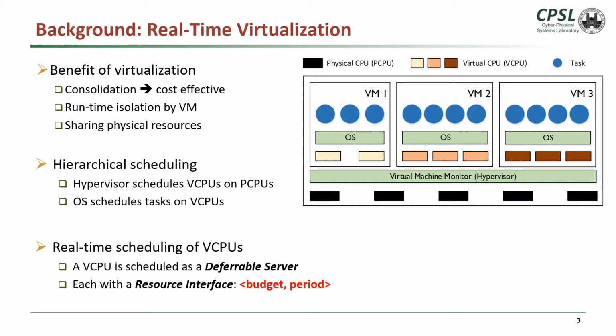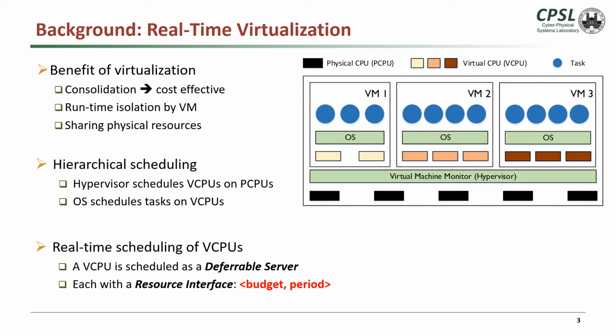It employs a so-called hierarchical scheduling approach, where each virtual machine has certain vCPUs. A hypervisor or virtual machine monitor will schedule the vCPUs onto the pCPUs, while within a virtual machine, the operating system or the application is responsible for scheduling the tasks onto your vCPUs.